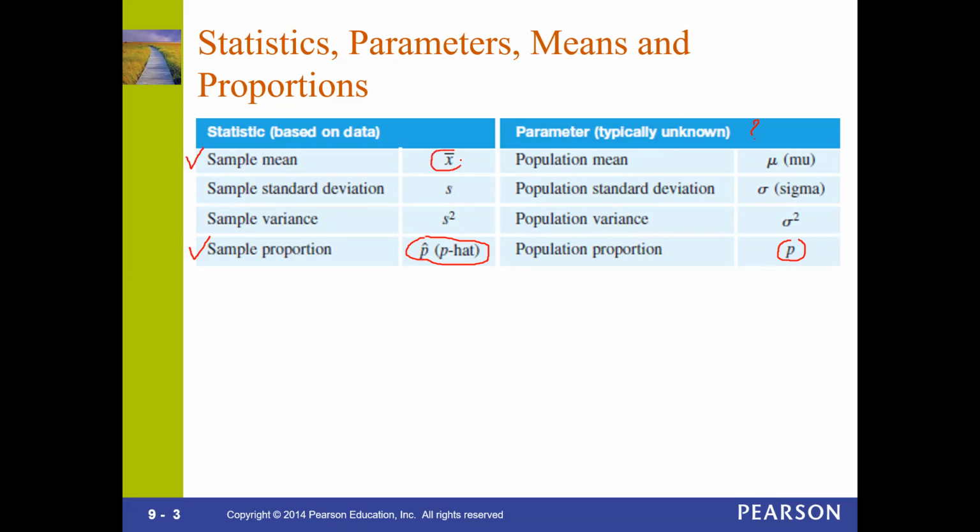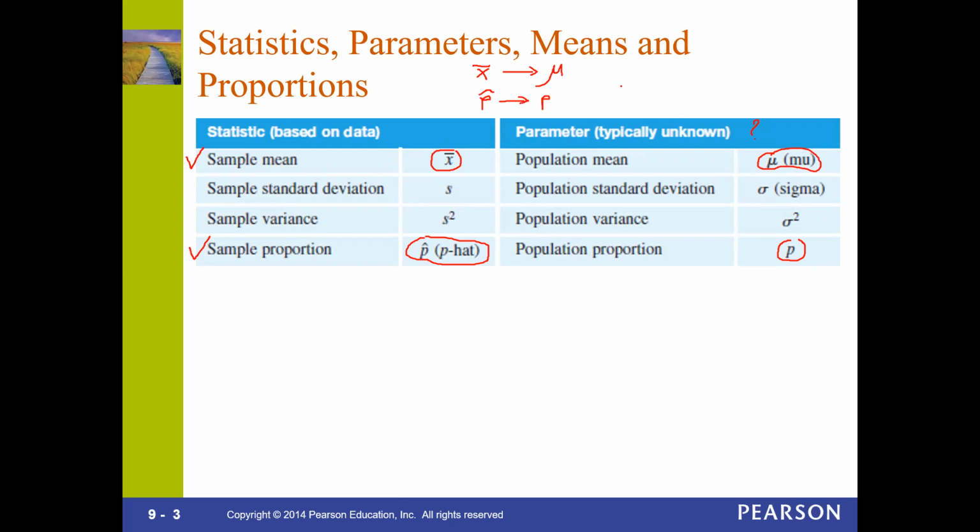We're going to have X bar. We will try to identify mu. Again, as I said earlier, the X bar is trying to define mu, and then p hat trying to define p.